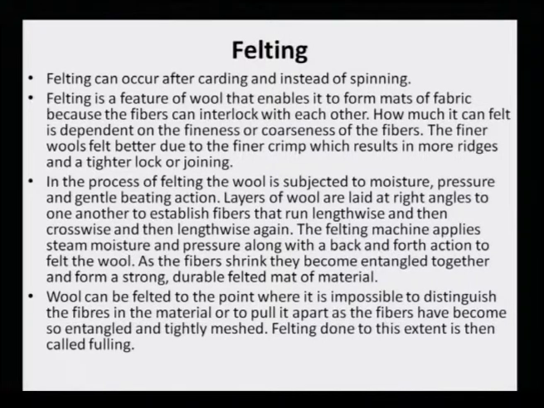As the fibers shrink, they become entangled together and form a strong, durable felted mat of the material. So, because these are skeins, there will be gapping, and therefore, in order to fill that gapping, felting is a special process which needs to fill up the gap between these fibers.